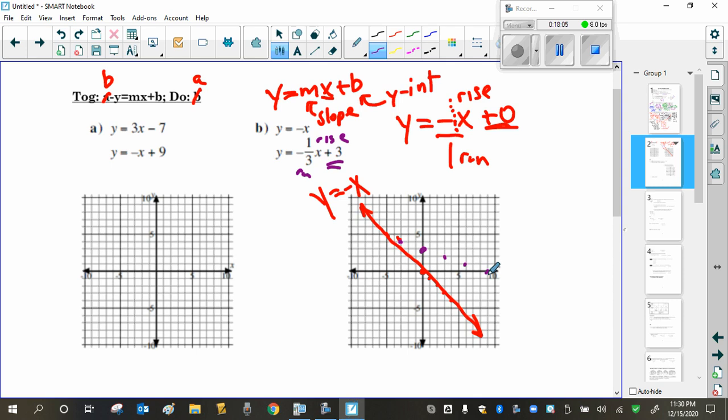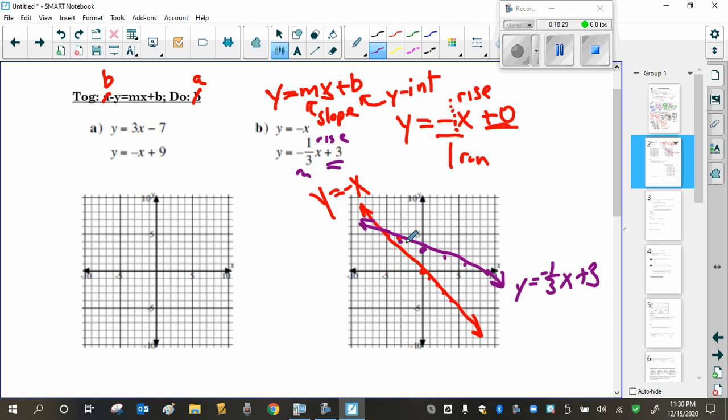You can see that this is going to be something like that. Sorry, that was a kind of a crooked one. y equals -1/3 x plus 3. If it's a negative slope, you should see it as a negative slope line falling down. So it is the red one.